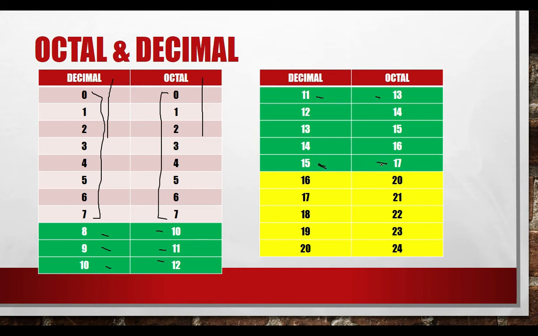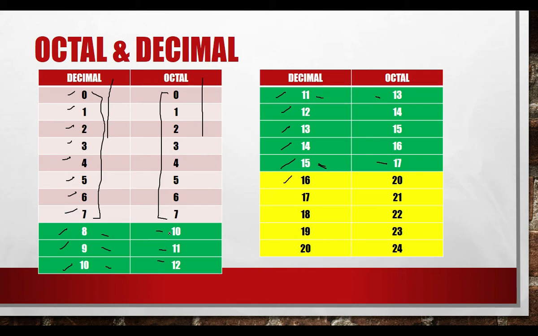So after reaching the 8th digit of decimal, 1, 2, 3, 4, 5, 6, 7, 8, the ninth digit becomes 20, just like the same pattern with the first 8 digits in decimal. So let's count 1, 2, 3, 4, 5, 6, 7, 8. After 8, the number becomes 10.